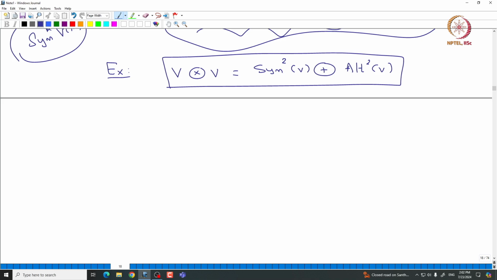Basically it is writing a given matrix as a symmetric matrix plus a skew symmetric matrix. If V is a G module, then one can prove that this is indeed a G module decomposition. I will leave it to you to check this.